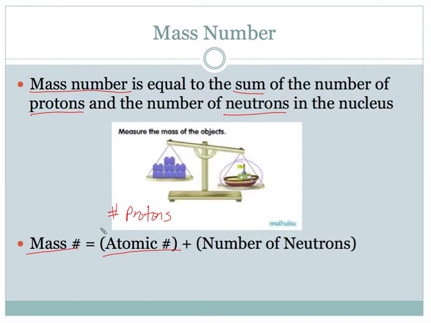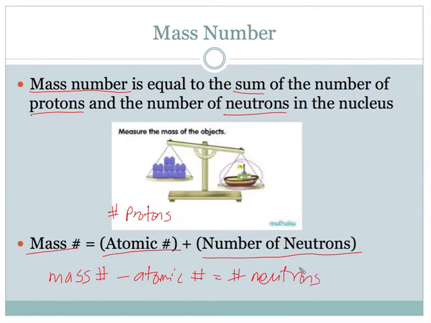So protons plus neutrons equals mass number. And how we're going to use this a lot is we're going to solve for and calculate the number of neutrons. So I can take my mass number minus my atomic number to get my number of neutrons.